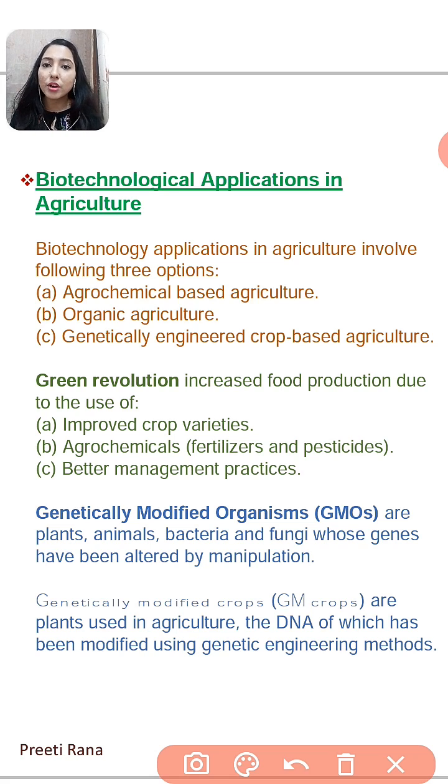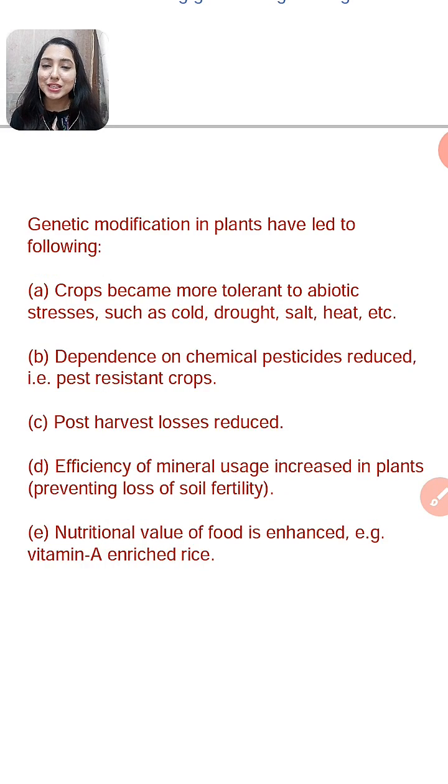And genetically modified crops are crops whose DNA has been modified using genetic engineering methods to increase their crop production and to develop resistance against pests, so that we can get the crop yield without the use of any kind of chemicals. The modification in the genetic structure of the plants lets the crops become more tolerant to abiotic stress like cold, drought, salt, pH, temperature, etc.